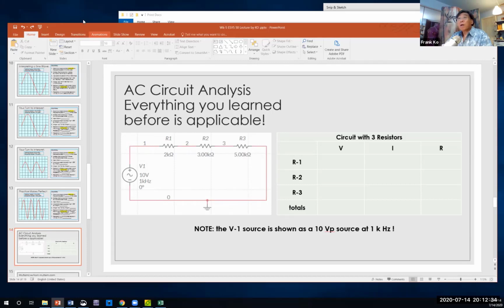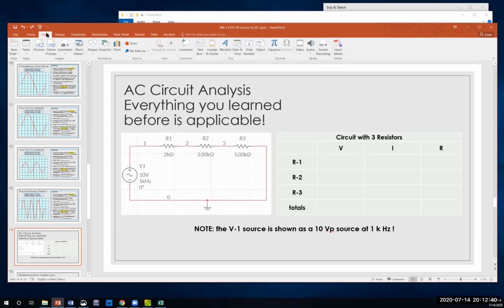Since in a series circuit, I is the same, would you put in the 1 milliamp you got for total for R1, R2, and R3? I was looking for that verbalization before you charged forth with anything else.